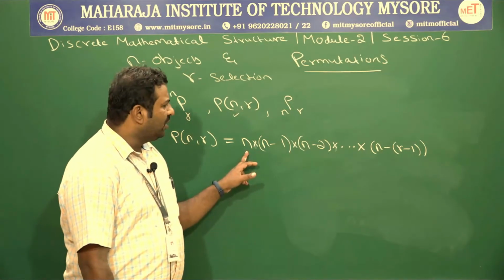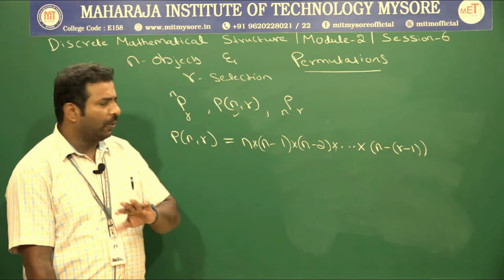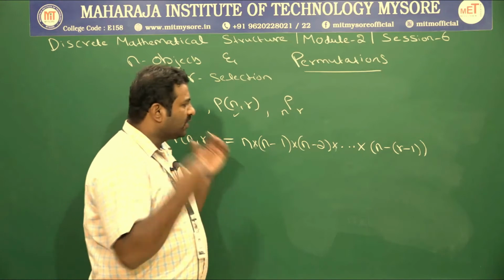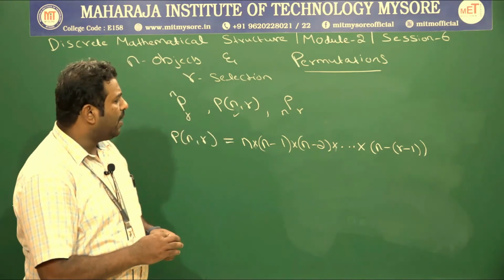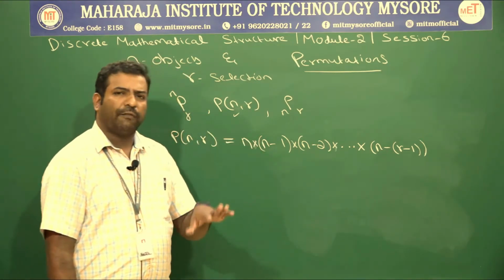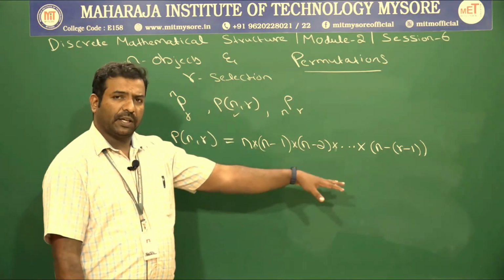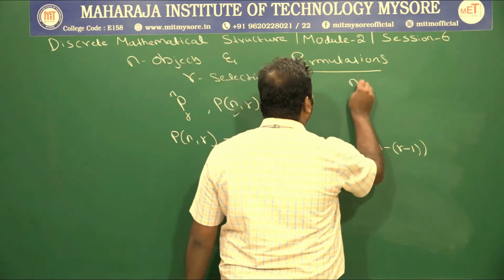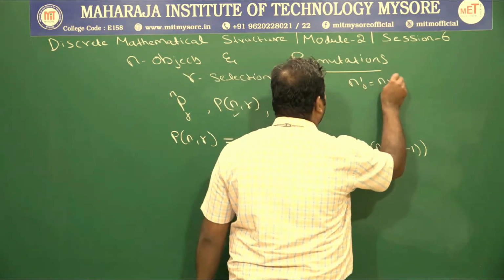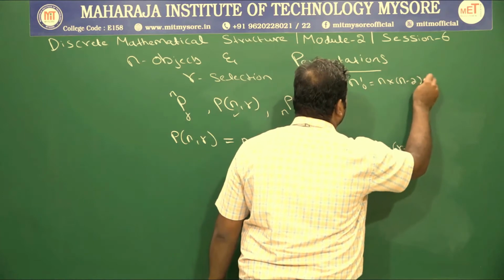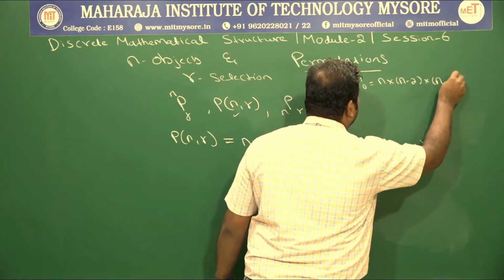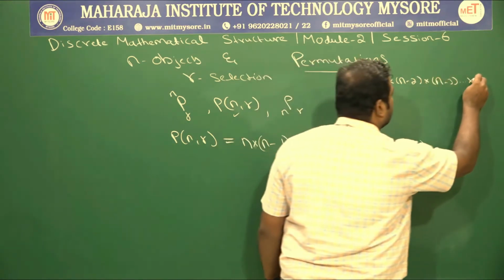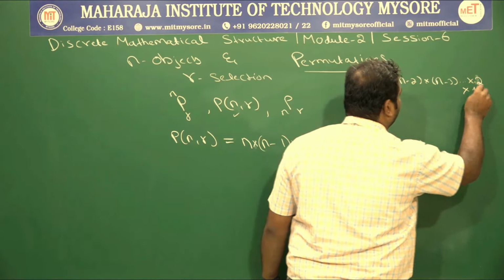Now just look at this. So this is in the form of n factorial, because if I just look at this form, somewhere in my mind it strikes me that this is something looking like n factorial, but something is missing. Now, as you all know, n factorial will stand as n into n minus 1 into n minus 2 into n minus 3, so on until 2 into 1.